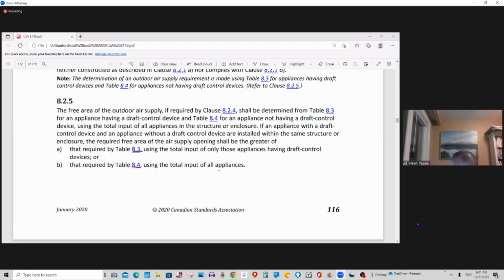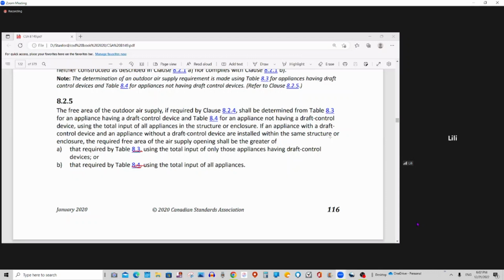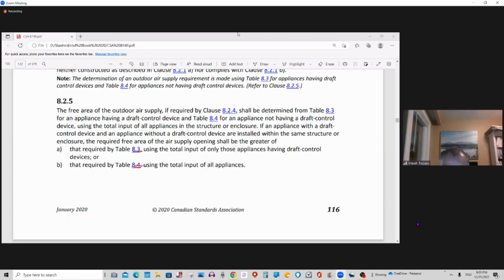Everybody understood? Yes, Miss Lily, can you tell us what we said? Oh, we talk about table 8.3. Okay, Miss Lily, we talk about those appliances with draft control and without draft control, which we install in a loose house, and the total is less than 400,000 BTU.